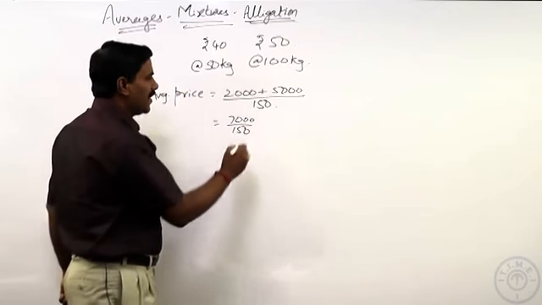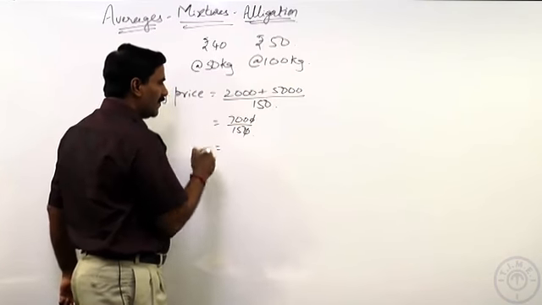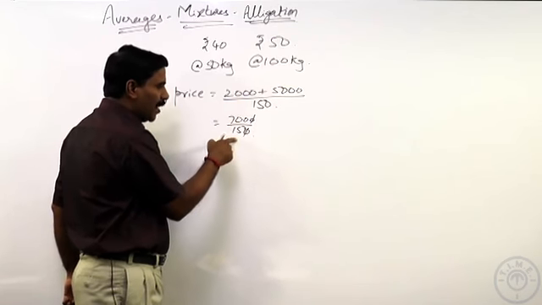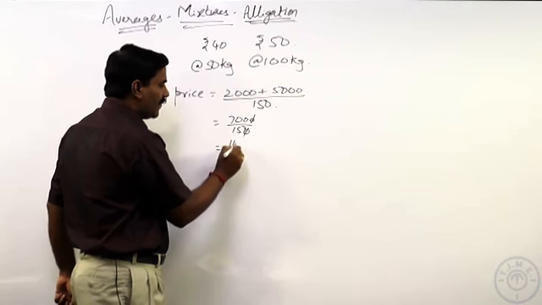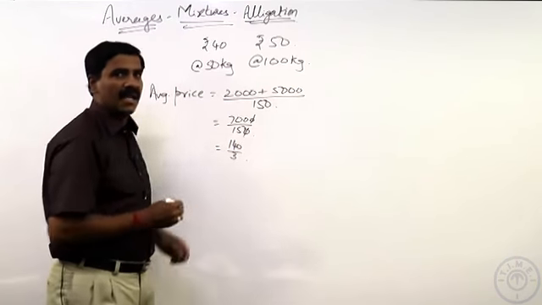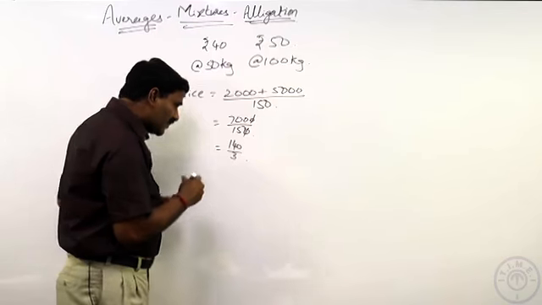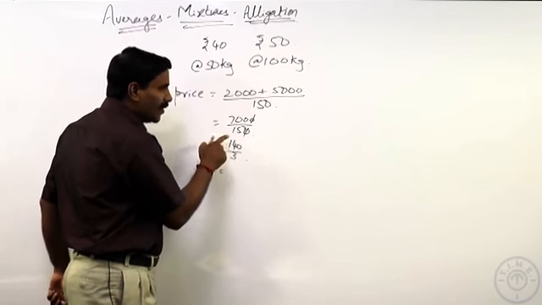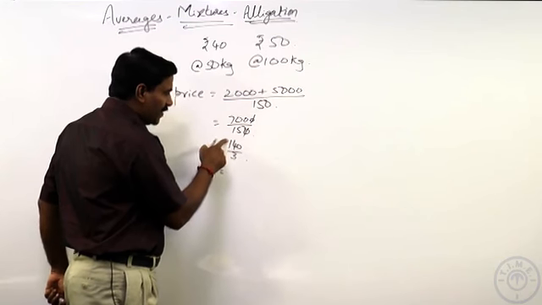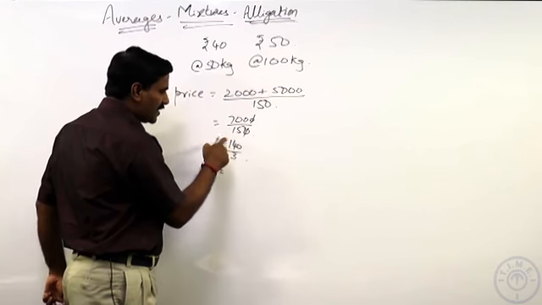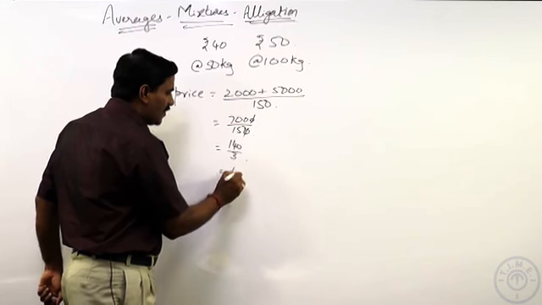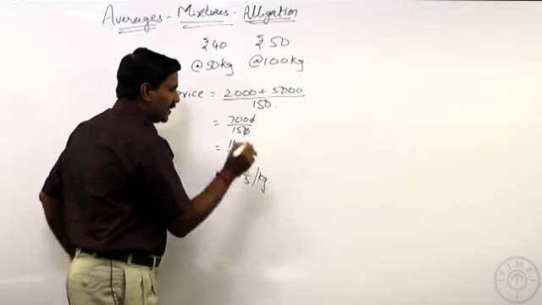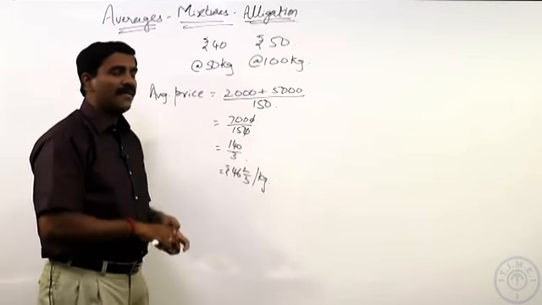Cancelling 10 and 10, we are left with 70 over 15. 5 times 14 is 70, and 5 times 3 is 15, so it's 14 by 3? Actually, 70 by 15 is 14 by 3, which is 4 2 by 3... in the transcript's working, the average price is 140 by 3, which is 46 2 by 3 rupees per kg that we get on mixing them. This is what is basically the average price.